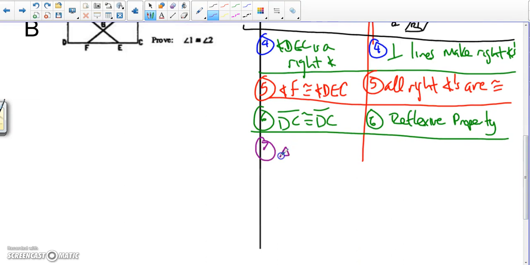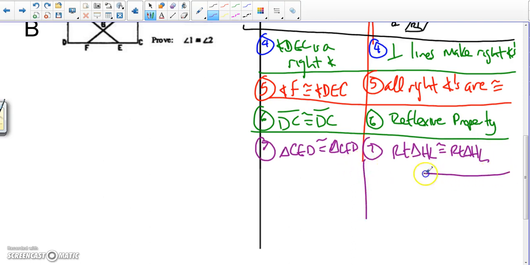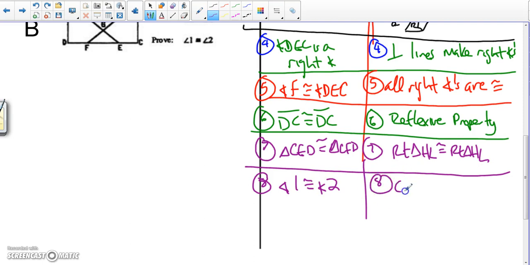So I can now prove without a doubt that triangle CED is congruent to triangle CFD because of the right triangle hypotenuse leg postulate. And that was our whole goal, because now that we know those triangles are congruent, remember after the triangle is congruent, then comes CPCTC. And there's our last step.